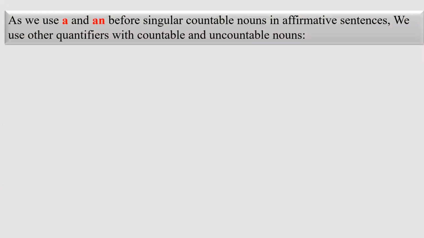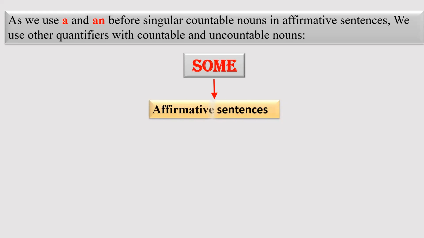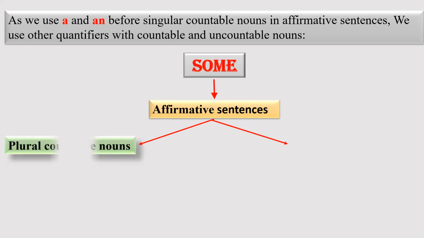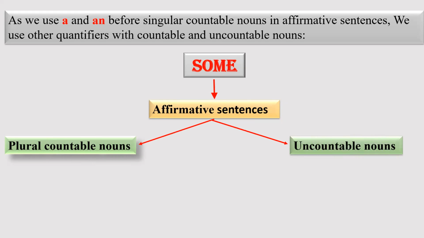As we use a and an before singular countable nouns in affirmative sentences, we use other quantifiers with countable and uncountable nouns. Some, for example, comes in affirmative sentences before plural countable nouns and uncountable nouns.